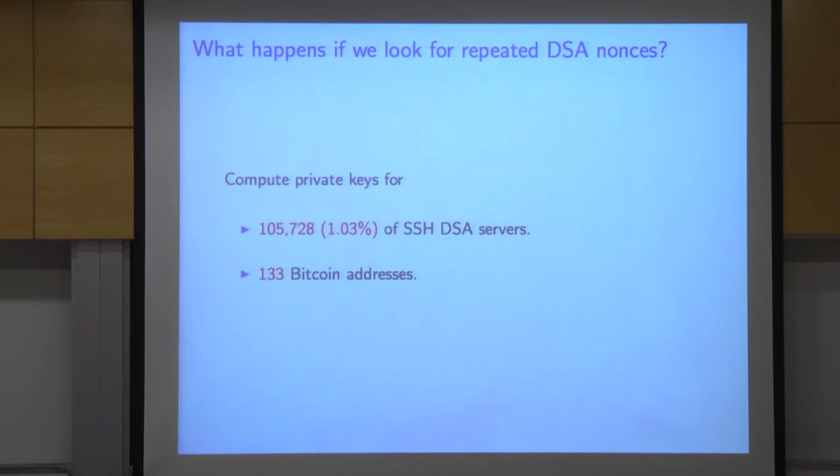And looking for collisions among the signatures gave us the private keys for 105,000, or about 1% of all of the SSH DSA servers on the internet. And it also gave some other people the private keys for 133 Bitcoin addresses.